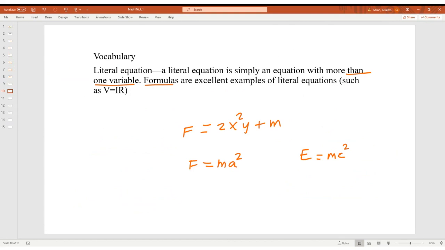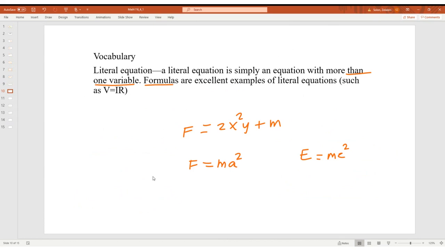Now, once you understand what a literal equation is, let's see how we can manipulate and solve literal equations. In a literal equation, you'll be given the variable you are going to solve for. I give you an equation and say solve for this variable. You have to specifically figure out what you are looking for. Unless it is specified, there is no way you can solve the equation.